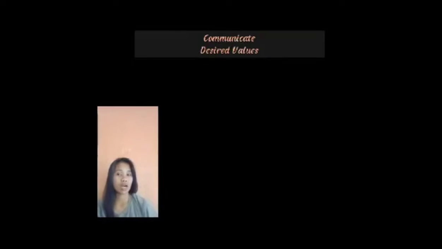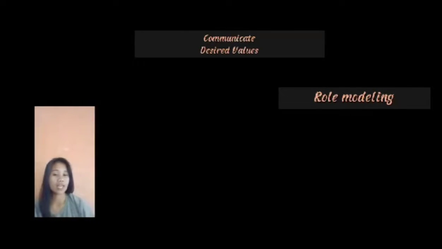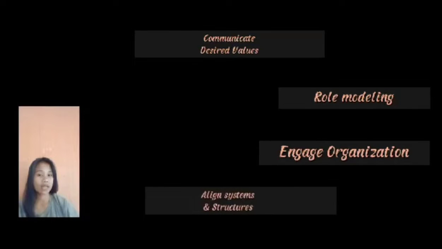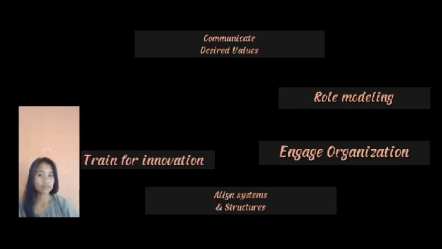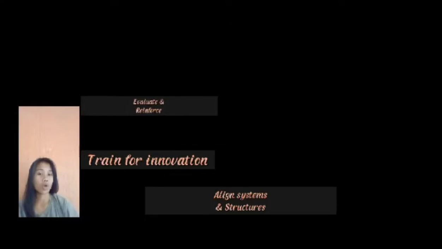So the first step is communicate desired values, role modeling, engage the organization, align systems and structures, train for innovation, and evaluate and reinforce. I will discuss and explain it one by one.